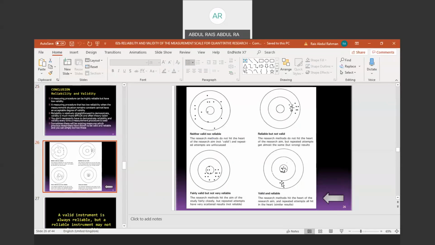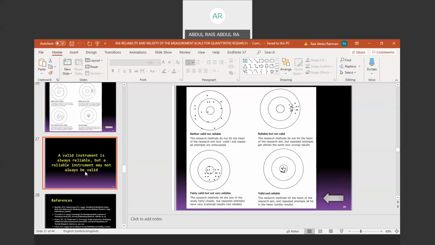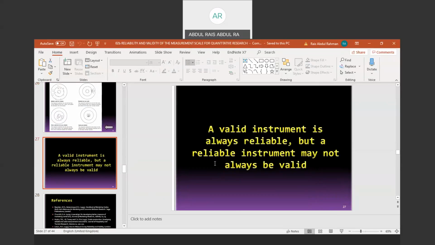The fourth example is an illustration where the tool is valid and reliable. Always remember, a valid instrument is always reliable, but a reliable instrument may not always be valid.